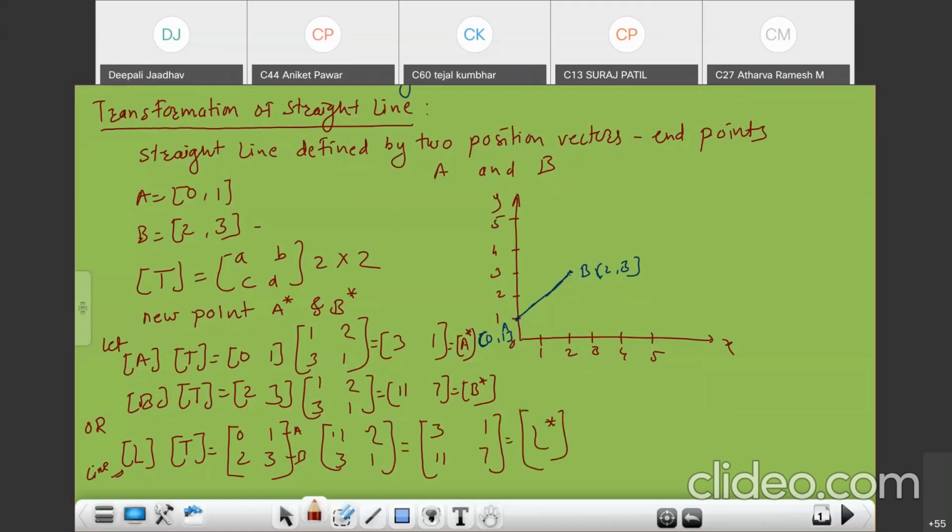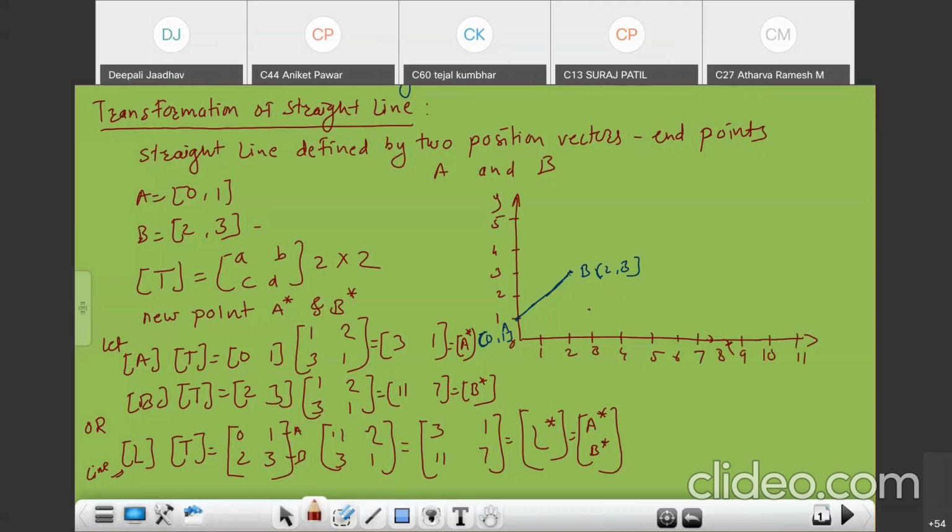Now draw it here. What is the first point? What is A star? 3, 1. It is here. And what is B star? It is 11, 7. I need to draw here: 6, 7, 8, 9, 10, 11.